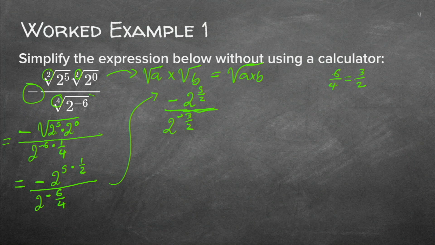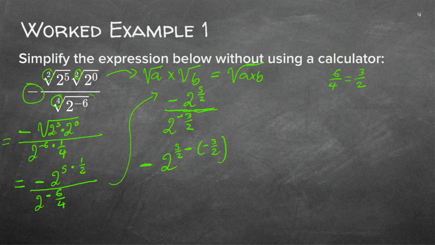So you write 2, take only one 2, and then we subtract the exponents. So 2 to the power of 5 over 2 minus, the reason for that minus is because you are dividing. When you divide, you subtract the exponents. So this is minus a bracket of negative 3 over 2.